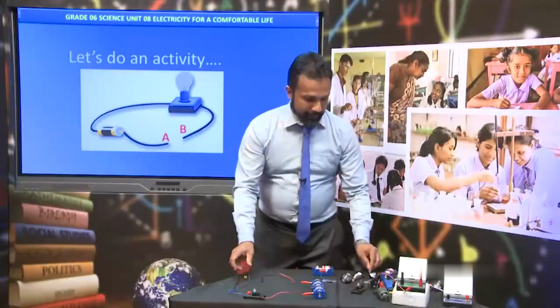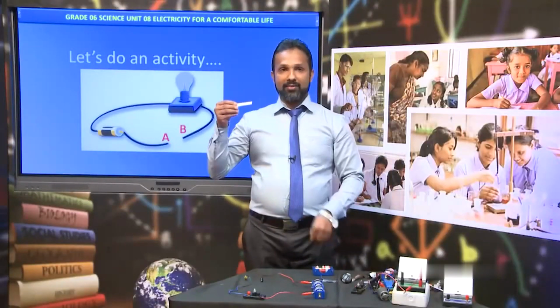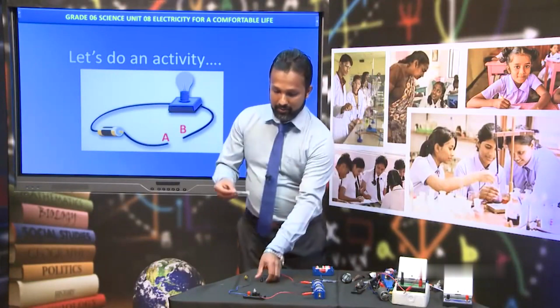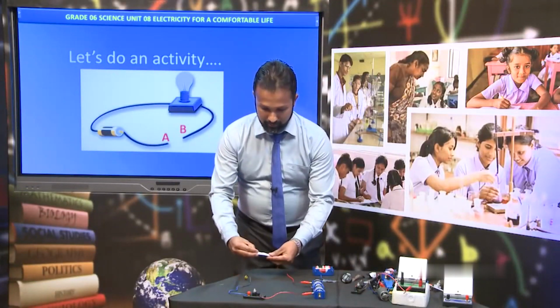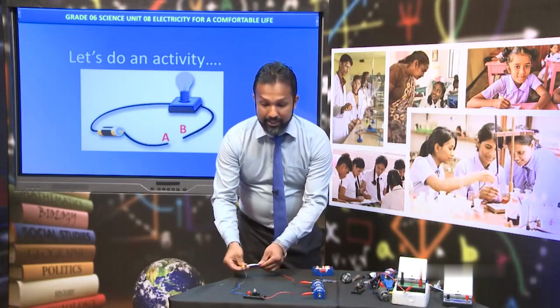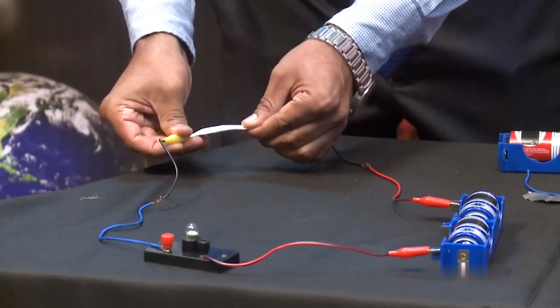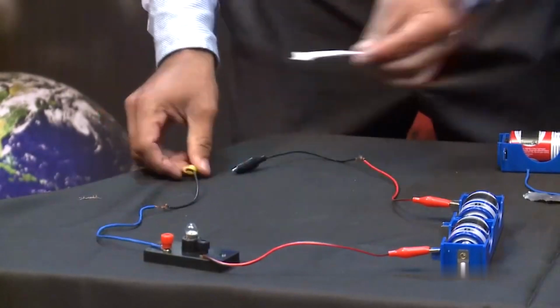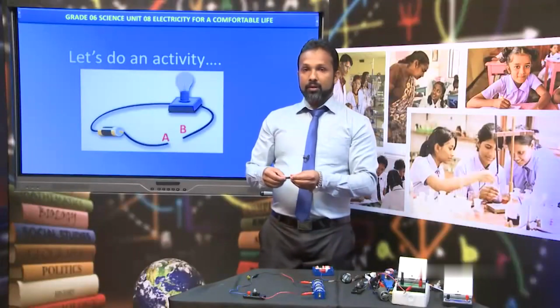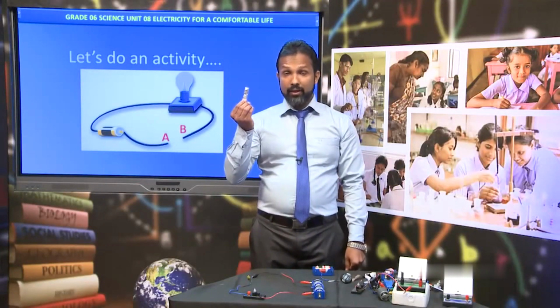Now I am going to keep a piece of paper. The bulb does not glow. That means current does not pass through the paper. Now I am going to keep another metal from the laboratory, lead.